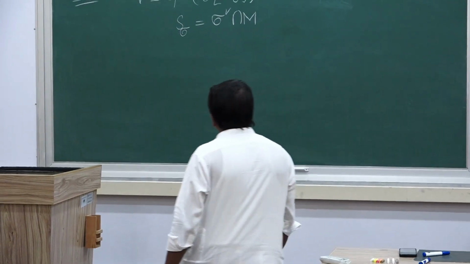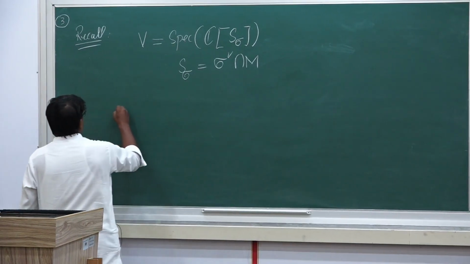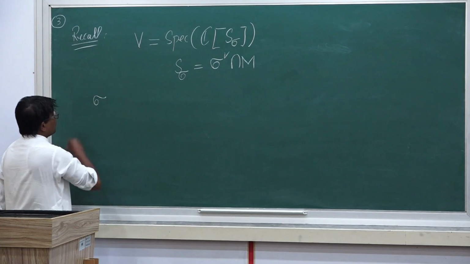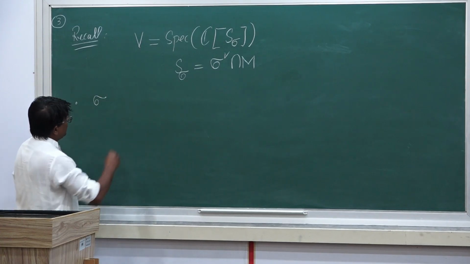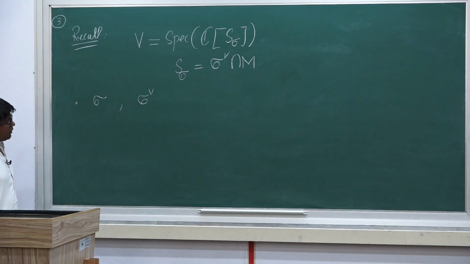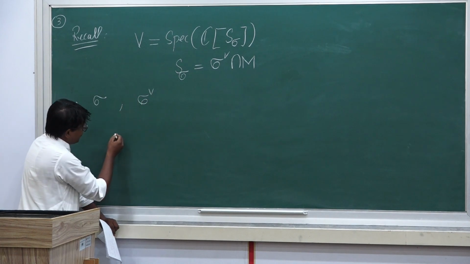So, there are some properties which we can associate with the cones. The first thing is that if we are given a cone, okay, and we create its dual, then there is a very nice relation between these two things, and that is the following.